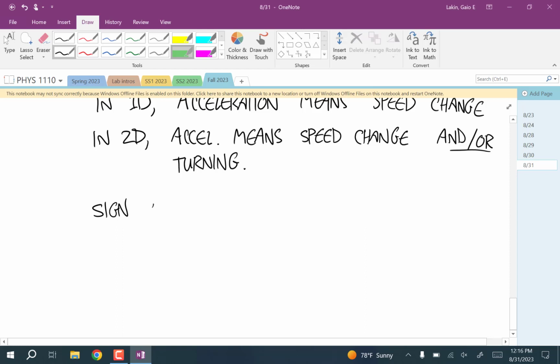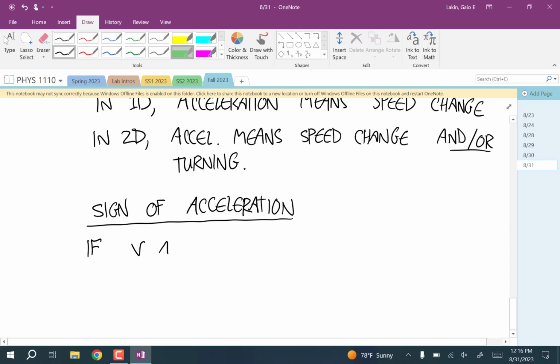So the sign of the acceleration, here's what it means. If the velocity and acceleration have the same sign, it means the object is speeding up.